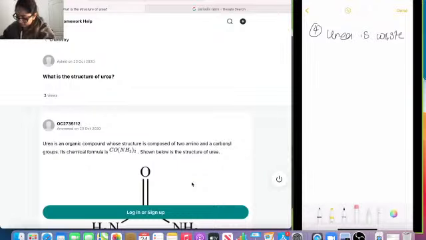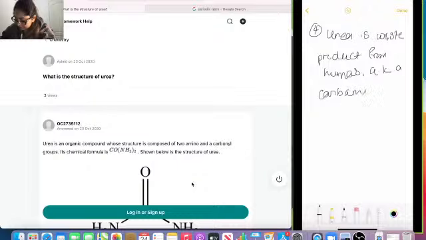It is a waste product from humans, basically. It is also known as carbamide. It's an organic compound with the chemical formula CO(NH2)2.